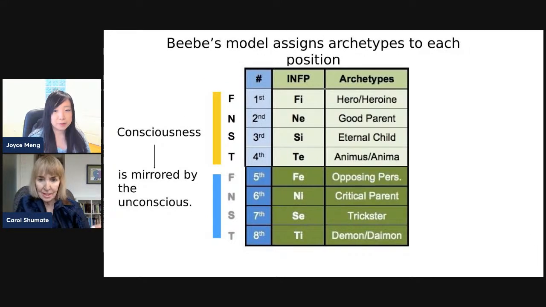Each of those is the opposite attitude function. And then Beebe assigned archetypes to each of the 8 positions. Now, the thing you need to know about these is that, first of all, he didn't just come up with this out of whole cloth.